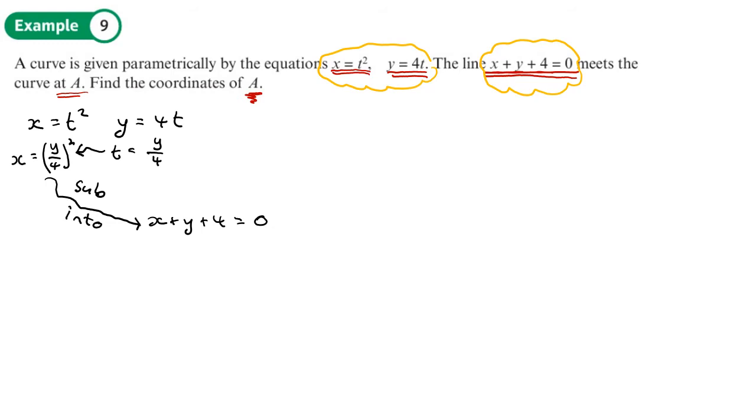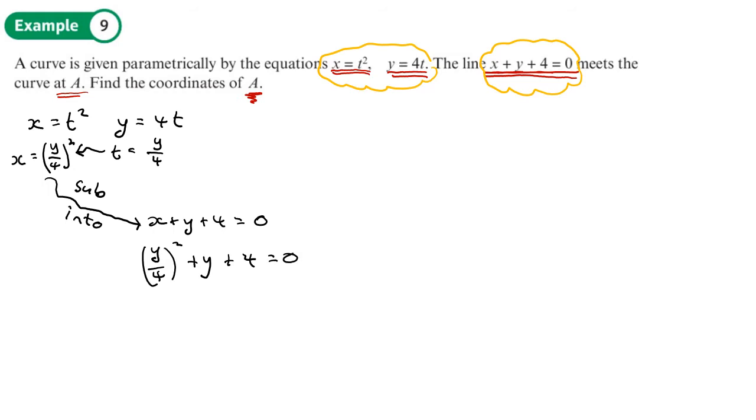I can do that because I've written that x equals something, so I can replace the x with y over 4 all squared plus y plus 4 equals 0. So let's solve this and see what we get.